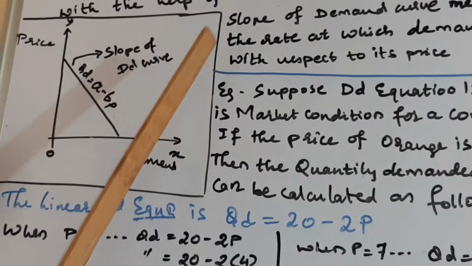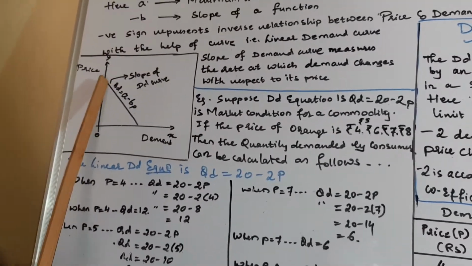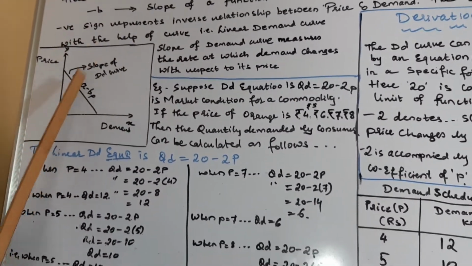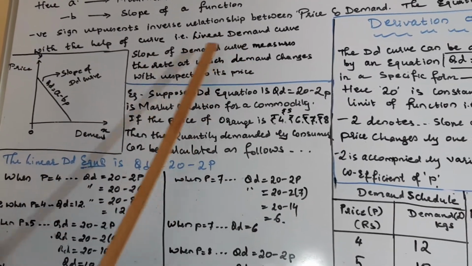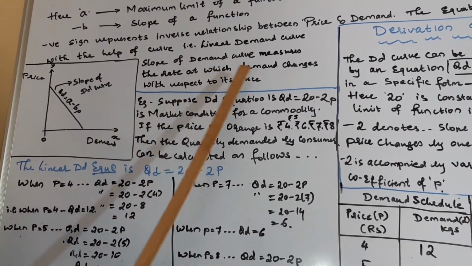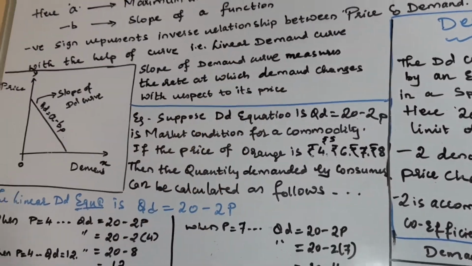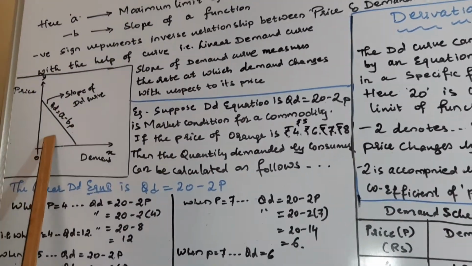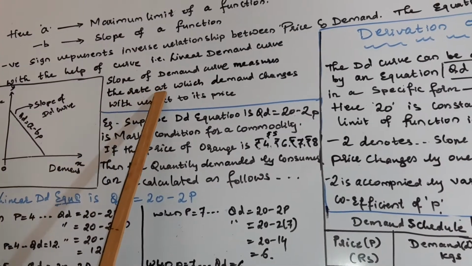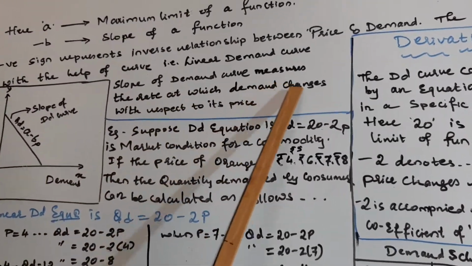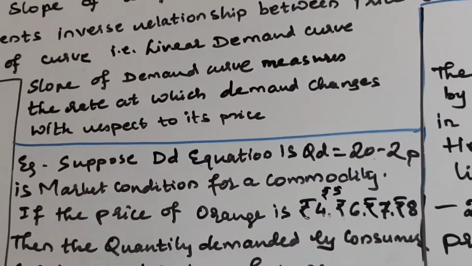So the slope of the demand curve measures the rate at which the demand will change on account of a change in the price.